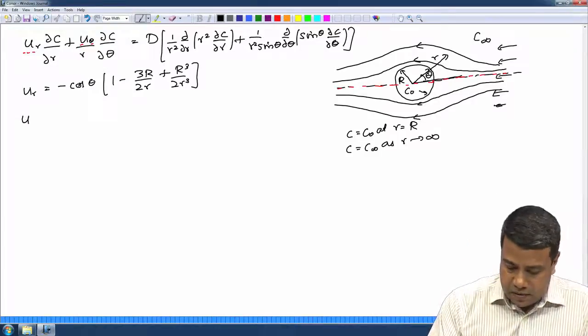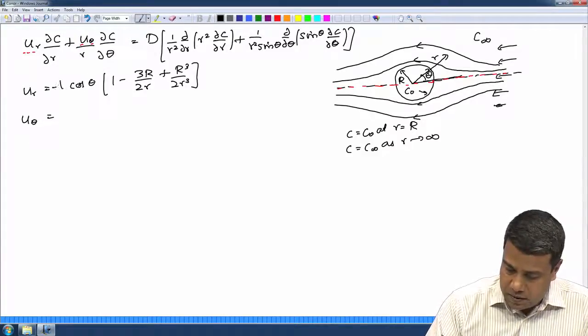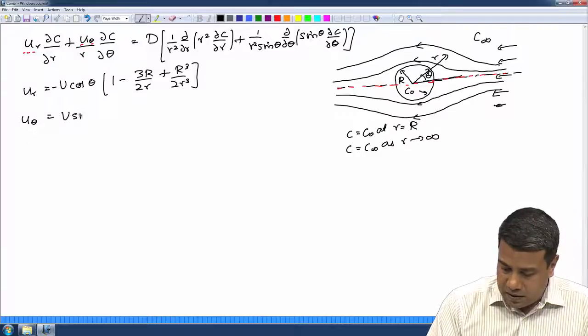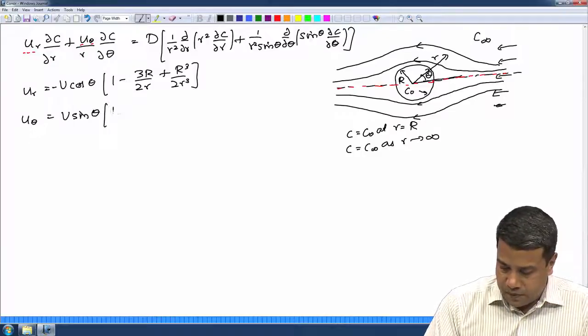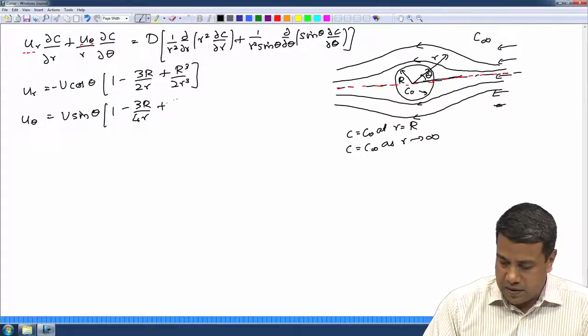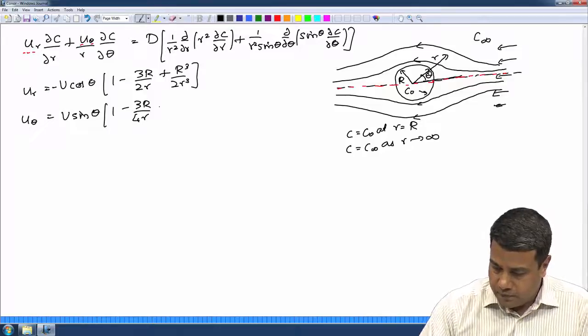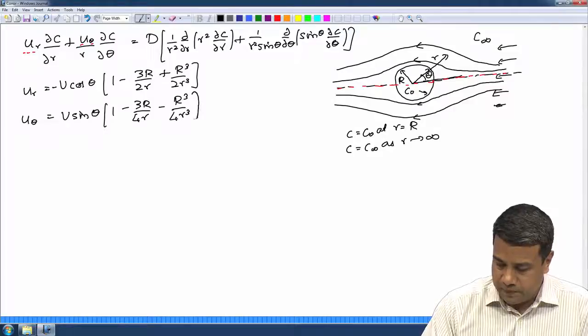And u theta is equal to U sin theta times 1 minus 3 R by 4 r minus R cubed by 4 r cubed.